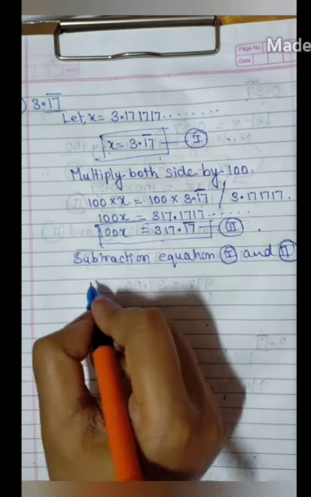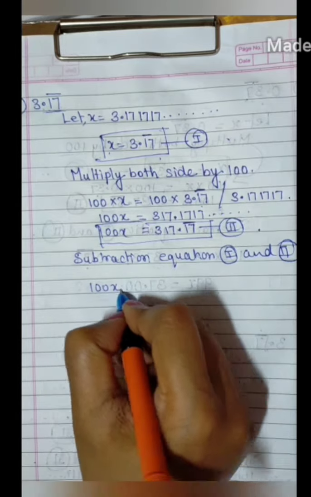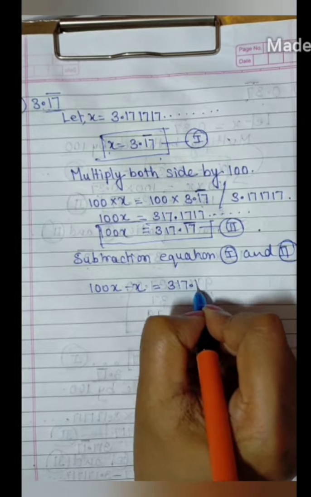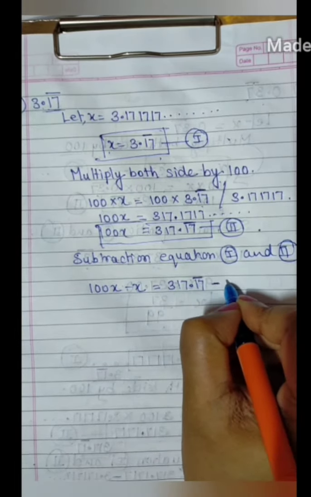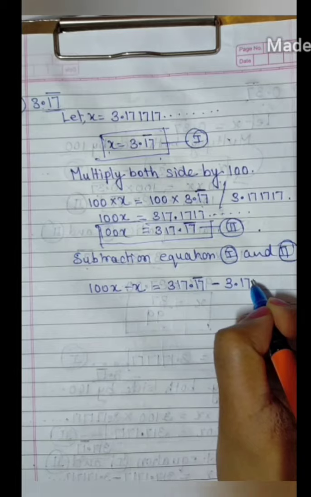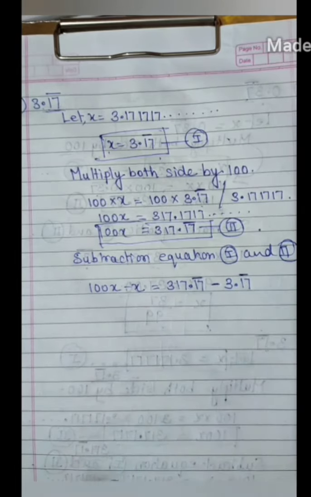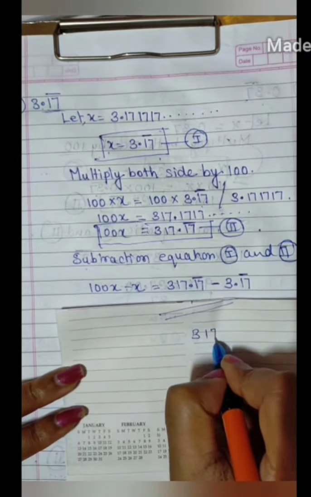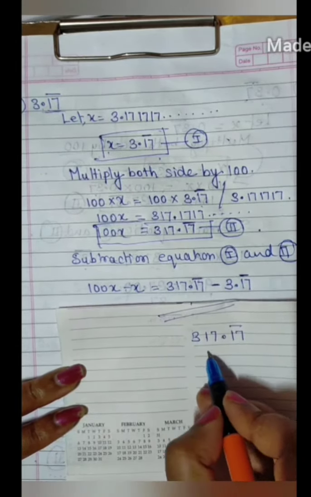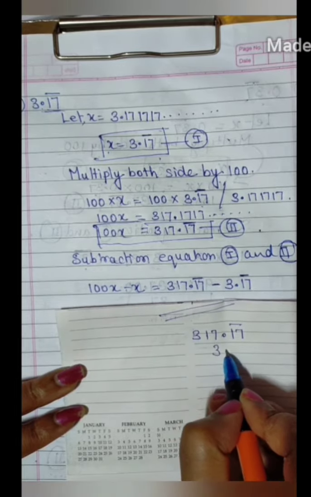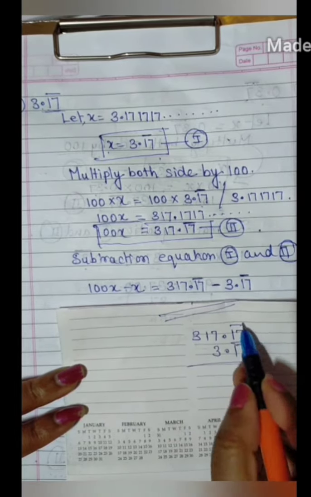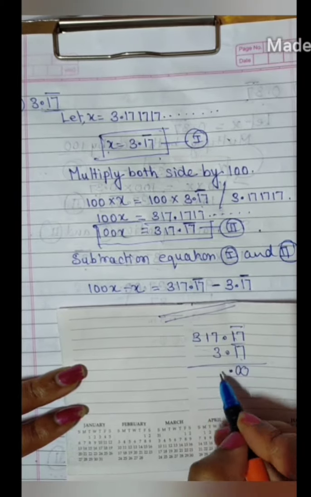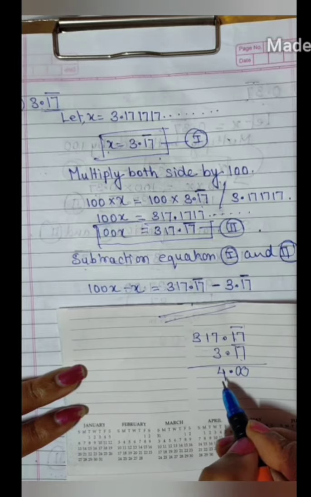Now I am writing 100x minus x is equal to 317.17 bar minus 3.17 bar. Subtraction: 317.17, then 3.17. So here 17, 17, cancel out. 7 minus 3 is 4.